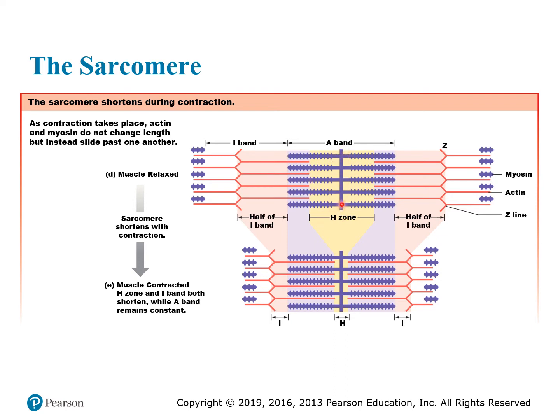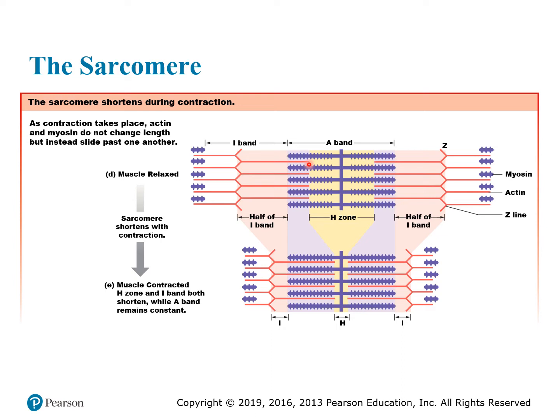And in the middle of the H zone, by the way, there is this line right here, which we refer to as the M line. It's just another protein grabbing onto the myosin filaments. So when a muscle is relaxed, you can see the H zone and you see that the actin filaments are not reaching the M line.